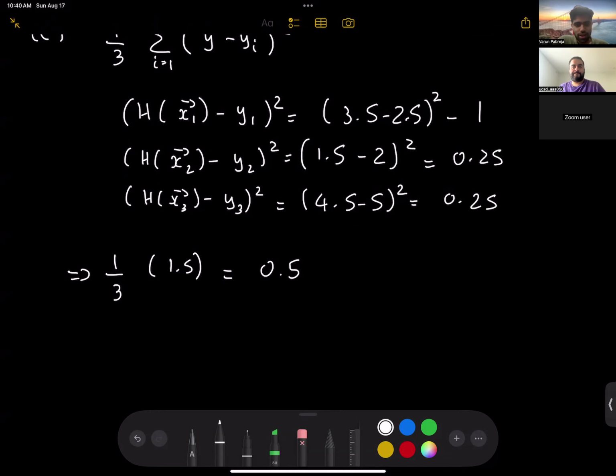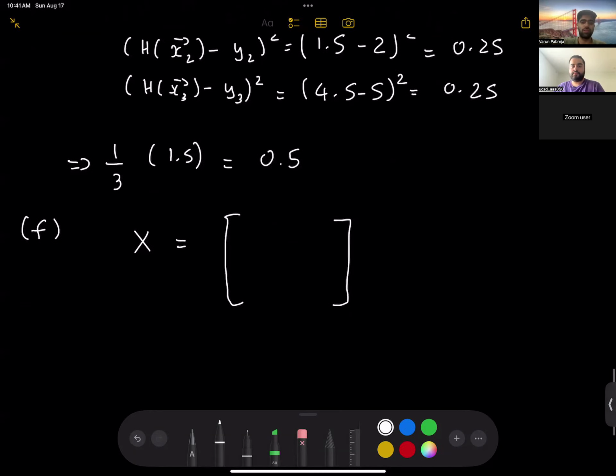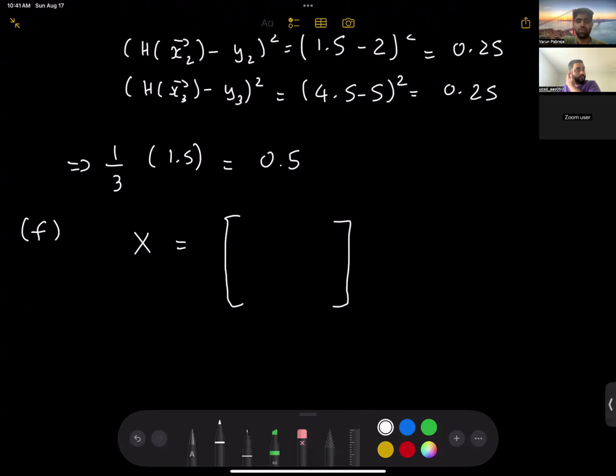So then for part F, we're going to construct the design matrix. The design matrix is essentially the column of constants for W0 in our W vector, and then the two features. So 1, 1, 1, 3, 1, 4, and 4, 2, 5.